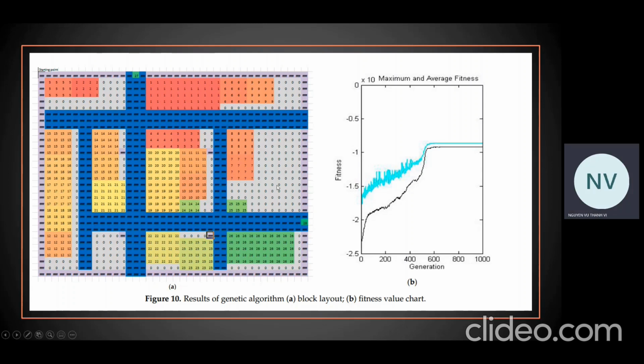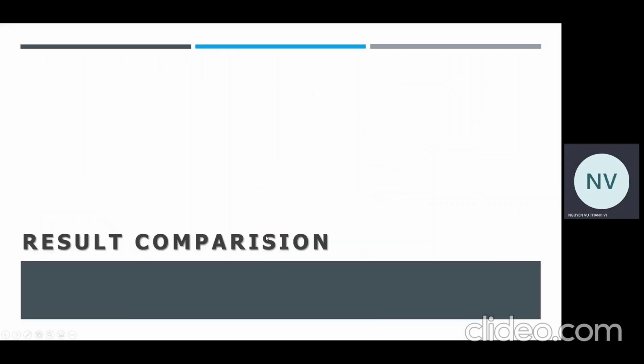We can see the black line is the average, and the green and the blue ones are our highest values. The x-axis is for generation, and the y-axis is for fitness. As we can see, our random average number here is acceptable for this case.